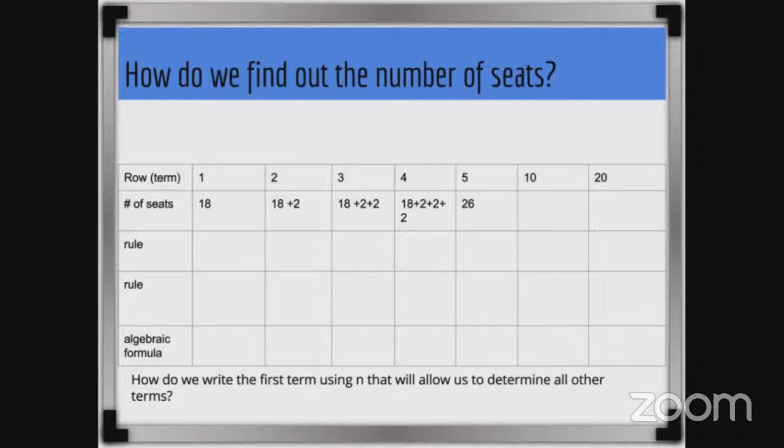And then the first term, where you see the 18, how many sets of 2 do you add in there? 0. So it would be 2 times what? 0. All right, so there's something there. You could always add a multiple of 2.